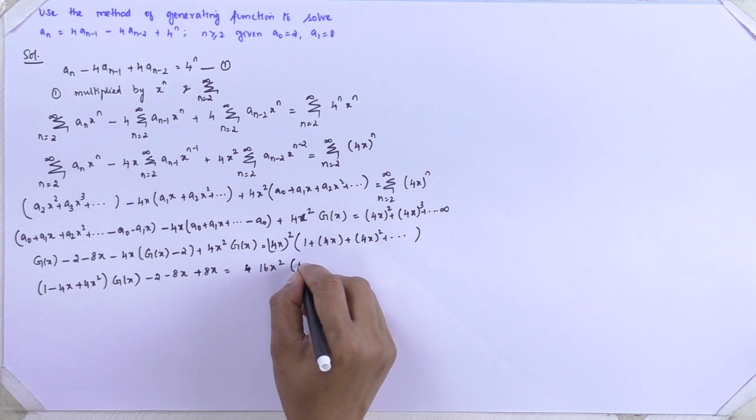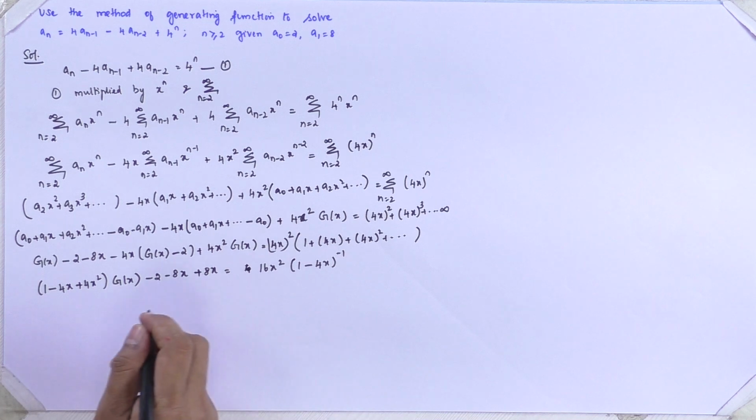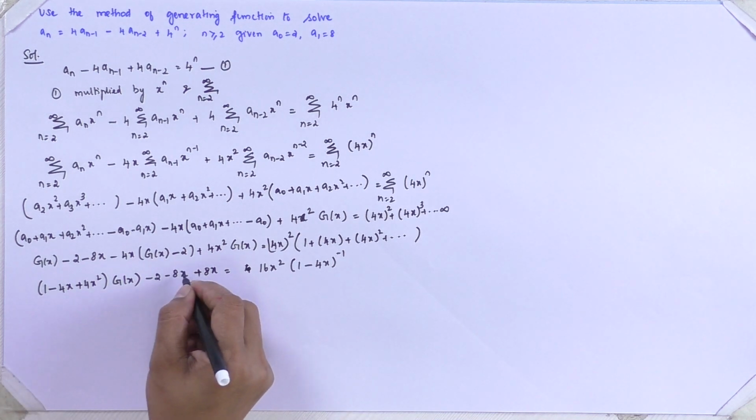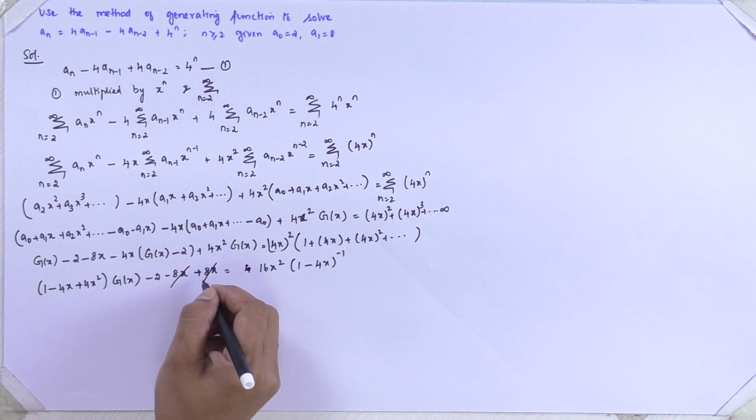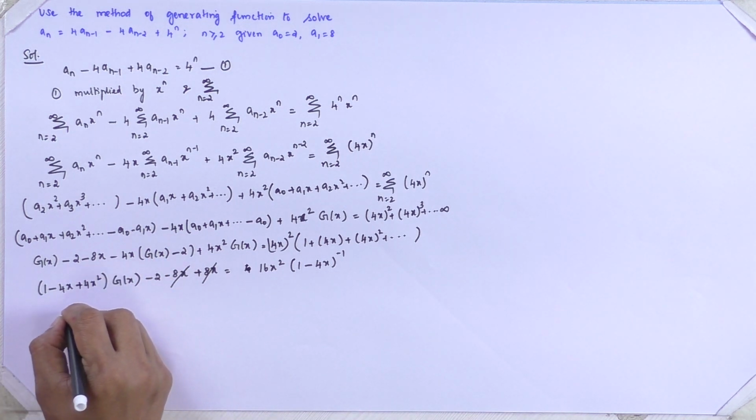So I can write that as 1 minus x the whole power minus 1. Alright. So now minus 8x and plus 8x will get cancelled here. Then I will have only g of x on the left hand side.